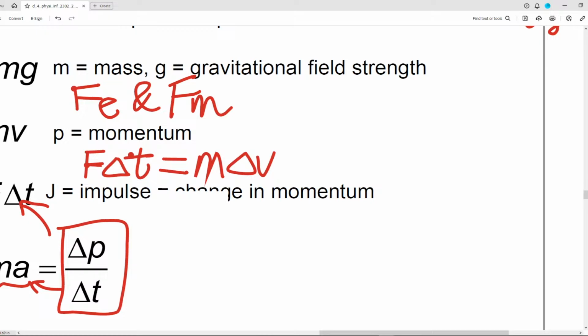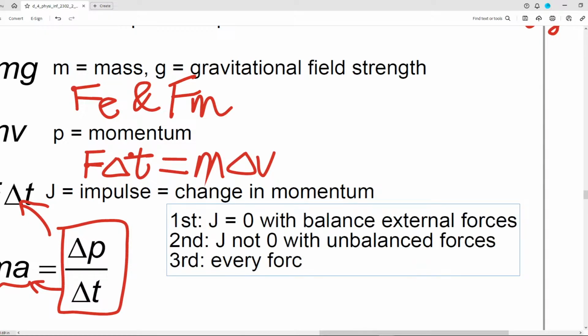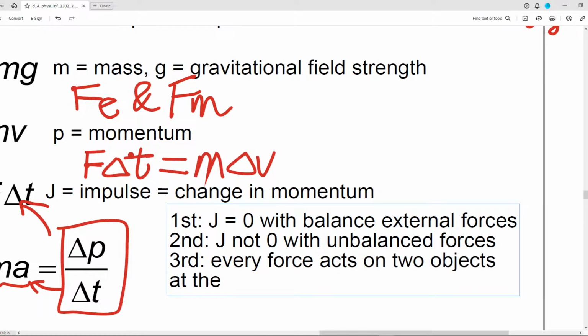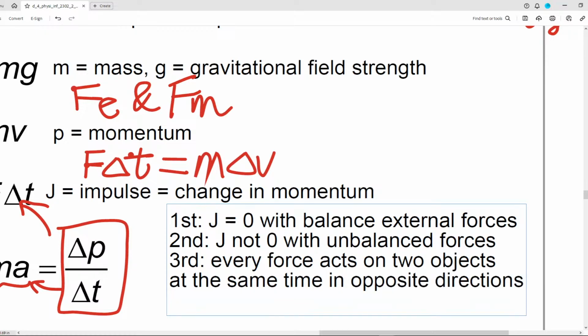Every force acts on two objects at the same time in opposite directions. Which means you have two things hit each other, right? One force, two objects hit each other. That means J1 equals negative J2. That's what it says.